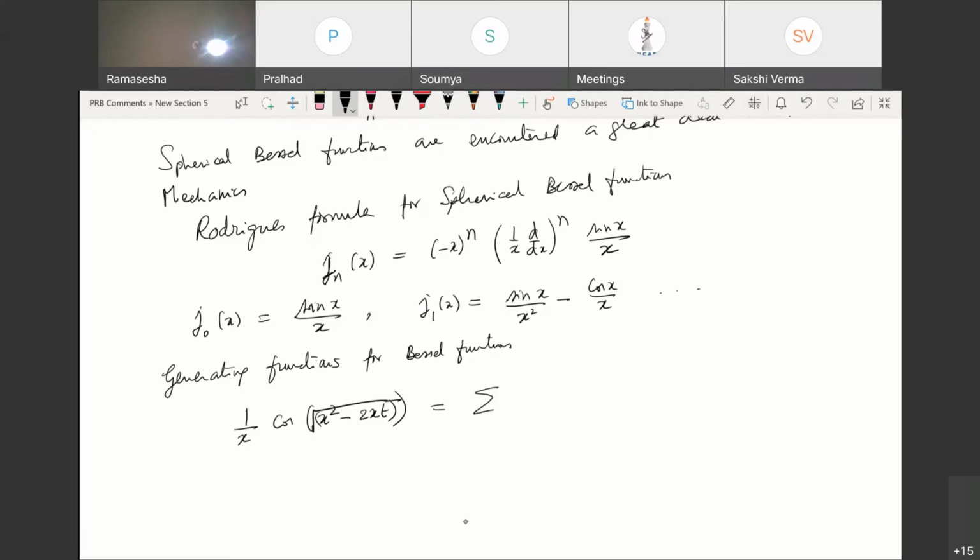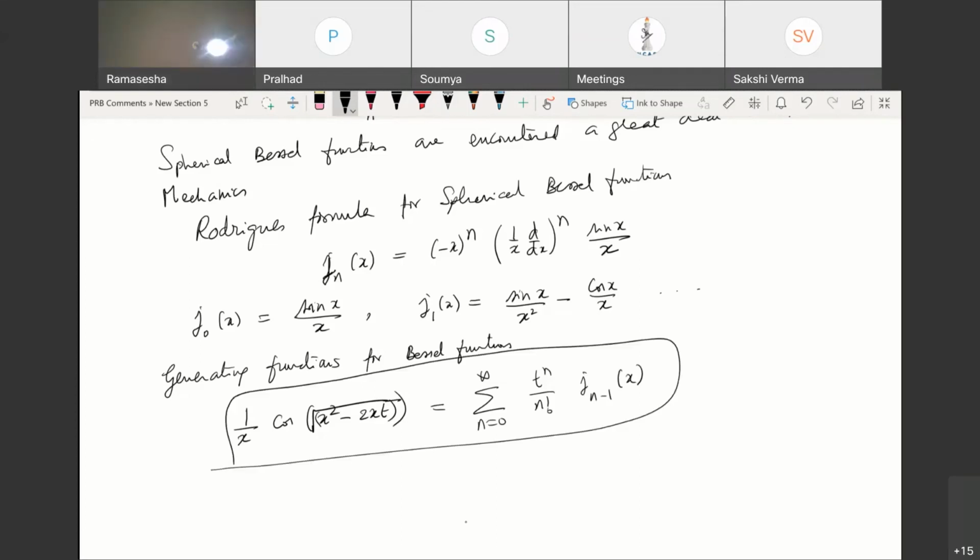So these relate j_n minus 1 and j_n. So you may think of these when you are dealing with quantum mechanics. That's the reason why I did spherical Bessel functions. But generally, these Bessel functions are one of the most common functions, so knowing some of the properties of it is useful.